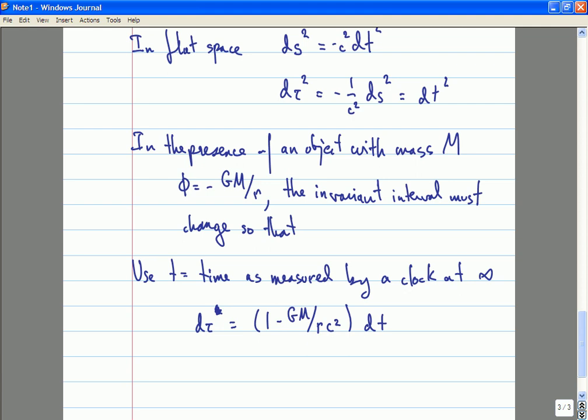Or, if I were to write this in terms of the line element or the invariant interval ds squared, it means that ds squared should be equal to minus c squared times d tau squared, which is minus c squared times 1 minus GM over r c squared, squared, times dt squared.